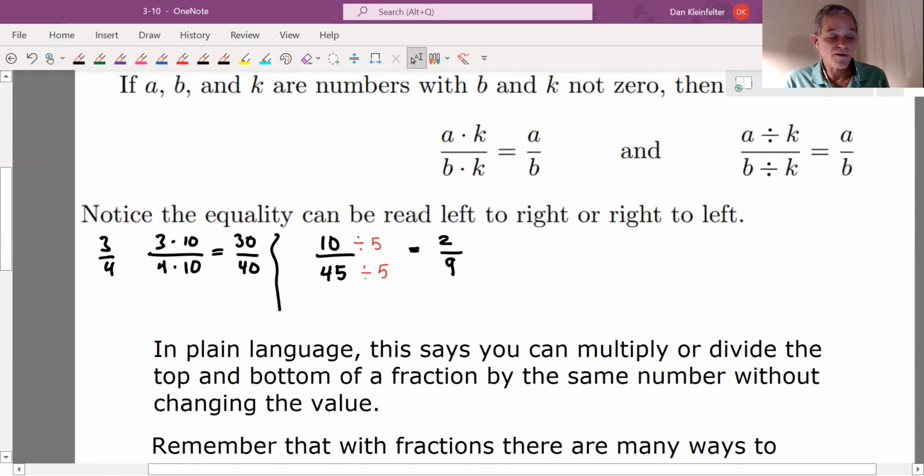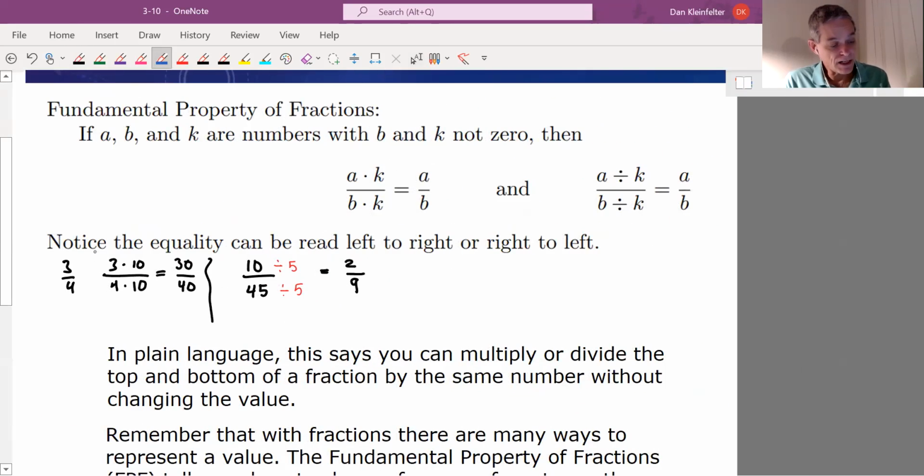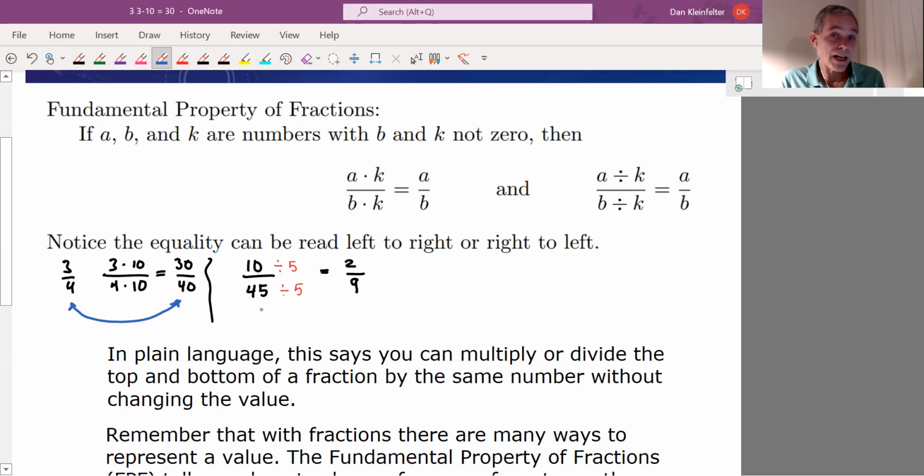The point of the fundamental property of fractions is that 3/4 and 30/40 represent the same part of a whole, have the same value. 10/45 and 2/9 have the same value, or same parts of a whole.